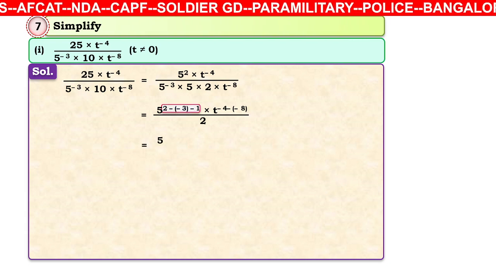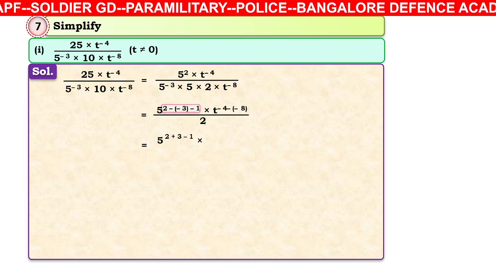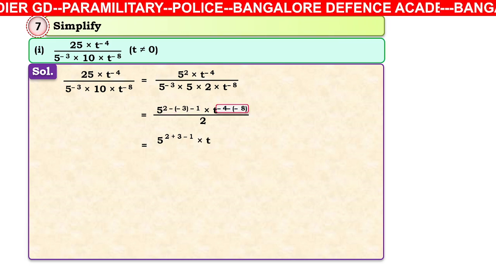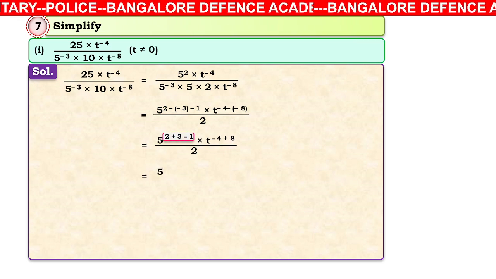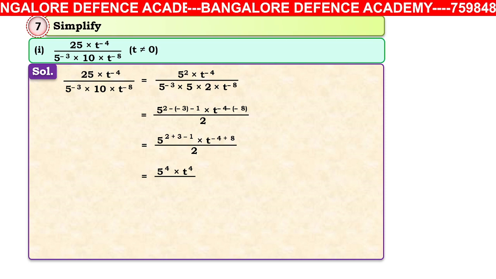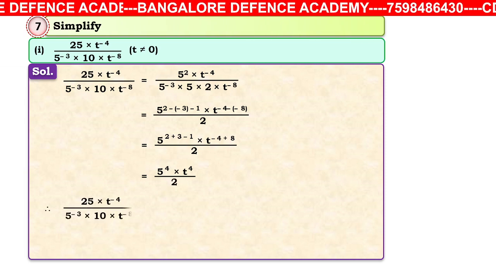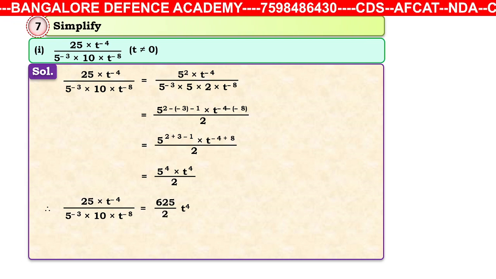So when I take the powers subtraction, it becomes 2 plus 3 minus 1 into t to the power of minus 4 plus 8, divided by 2. So this becomes 5 to the power of 4, and this becomes t to the power of 4, divided by 2. So the answer is 5 to the power of 4 is 625, divided by 2.